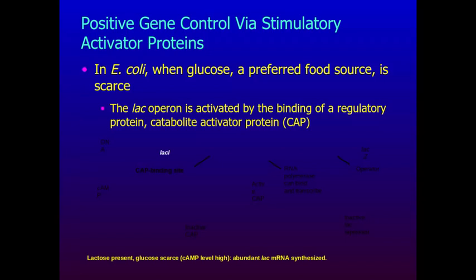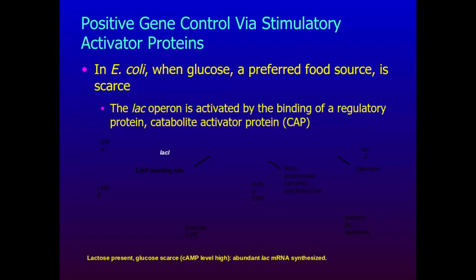Okay, so in E. coli, when glucose is scarce, when there's no glucose and there's lots of lactose in the system, first of all, lactose is going to bind to the repressor protein, change its shape, and make it fall off. If glucose is low in the system, then another protein is going to become activated.